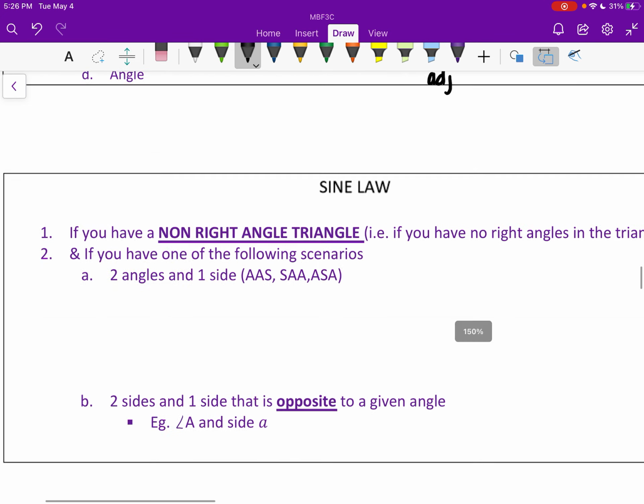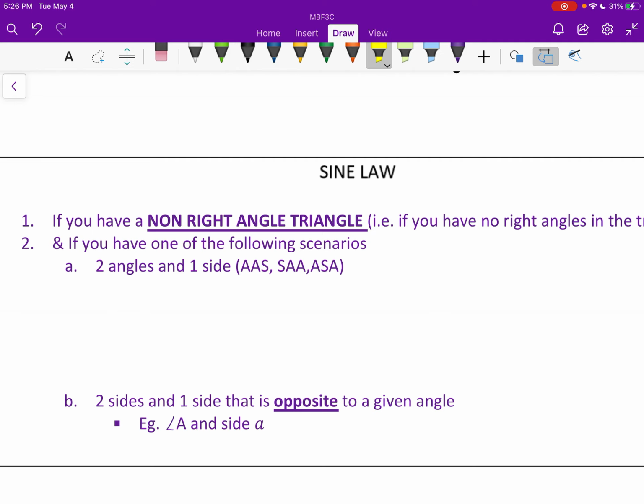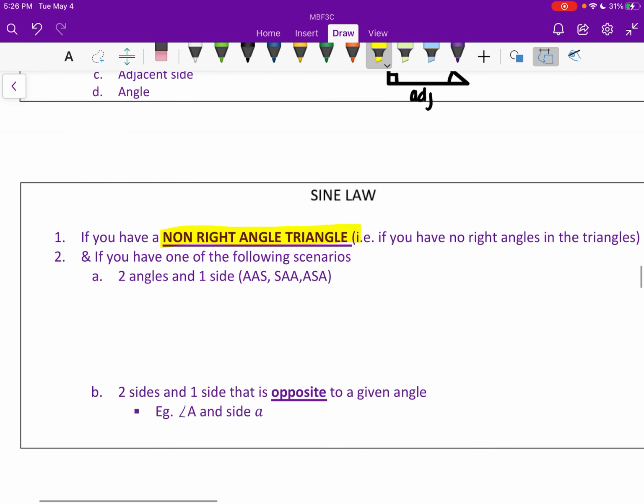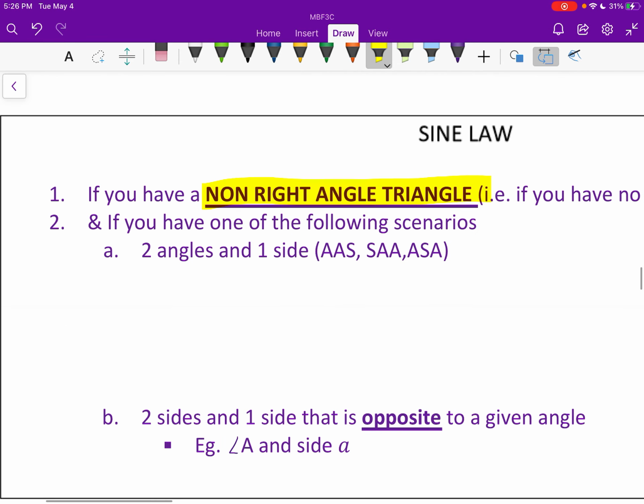Sine law is used when you have non-right angle triangles, and this is the biggest difference. Any triangle that doesn't have a right angle in it, and if you have one of the following scenarios. So if you're given two angles and one side, let's just write it in.